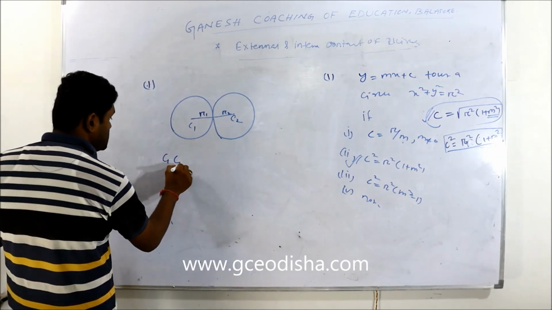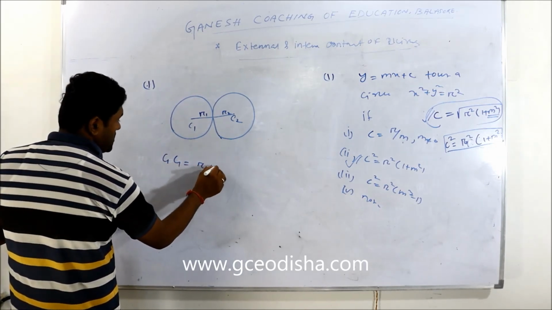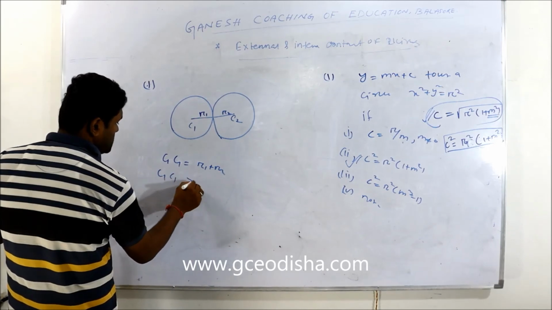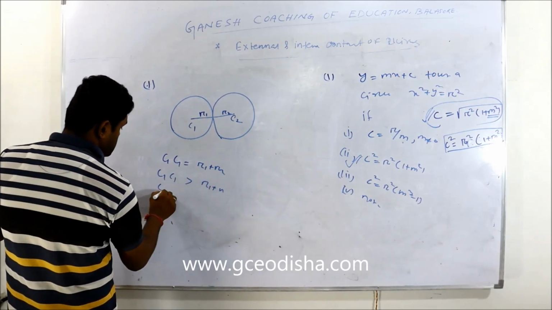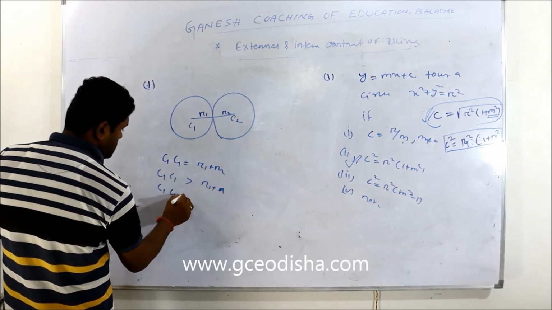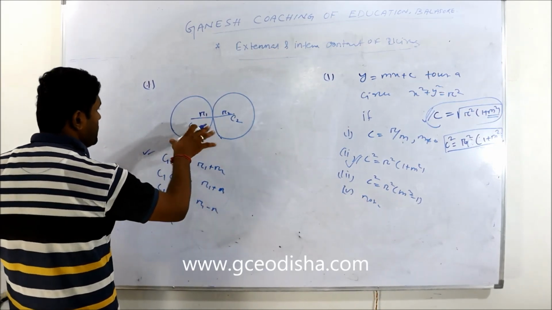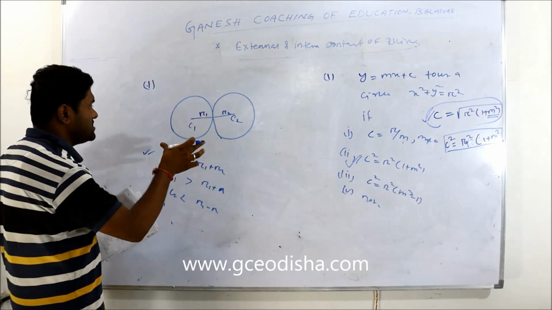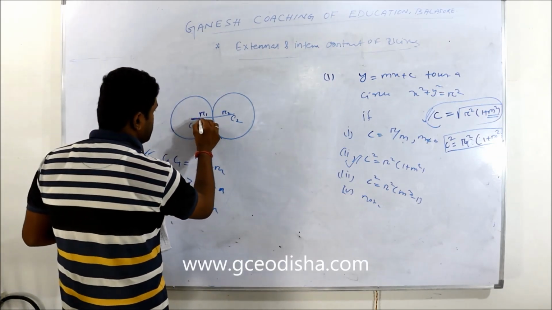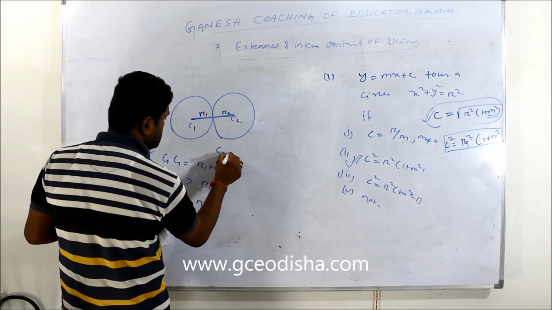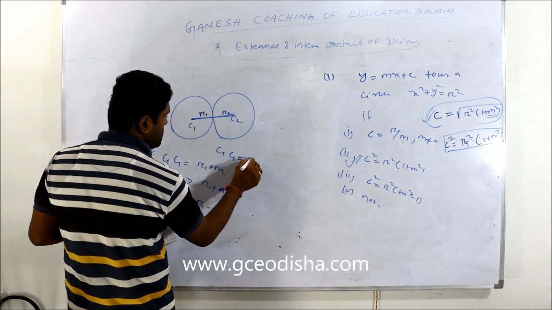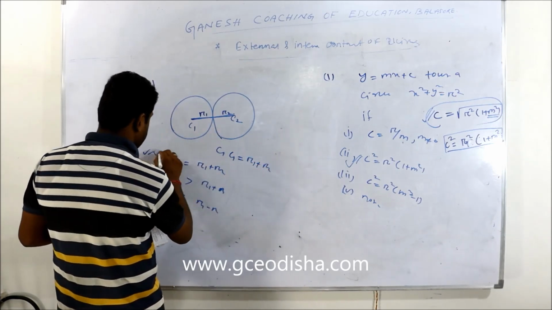They give C1C2 is equal to R1 plus R2, C1C2 is greater than R1 plus R2, C1C2 less than R1 minus R2, or none of the above. I told you, when two circles touch each other externally, the distance between C1 and C2 must be equal to R1 plus R2. Then this will be the answer.